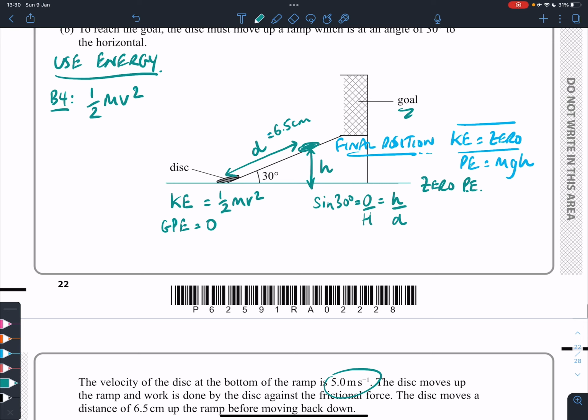Rearranging it, we can say that h is equal to d sine theta, 30 degrees, which is equal to 6.5 centimeters. Sine 30 degrees, we probably should know this is a half. So equals 3.25 centimeters. So we know this height.